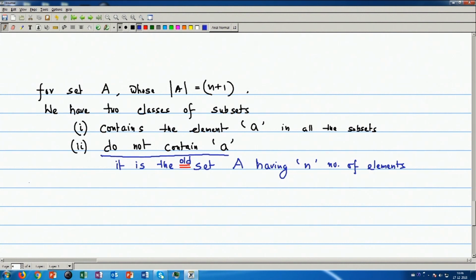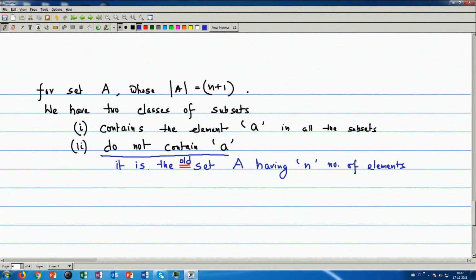And just now the property we have seen is that always half of the subsets contain a particular element a and half of the subsets do not contain a particular element a.